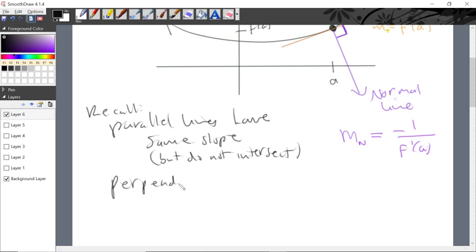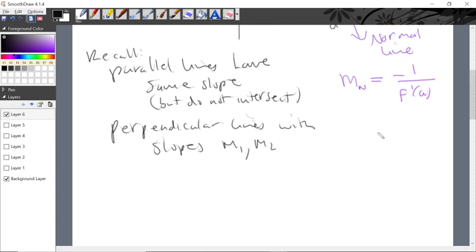But perpendicular lines, okay, the perpendicular lines that have, say, slopes m1 and m2, the slopes relate this way. They are negative reciprocals of each other. Any one of the two slopes is the reciprocal of the other slope and the opposite sign of the other slope.